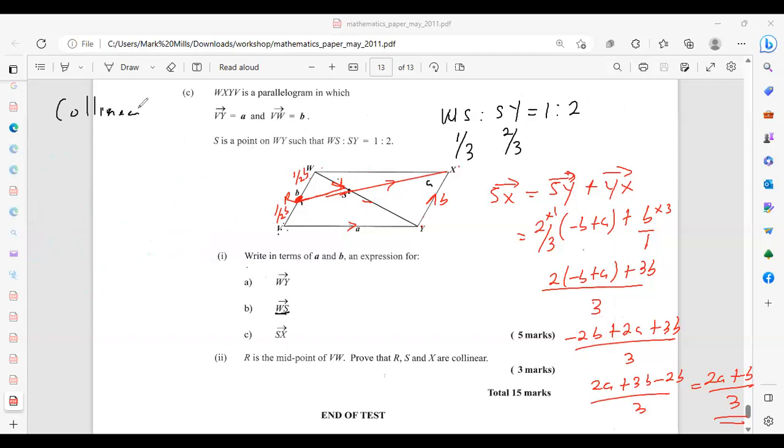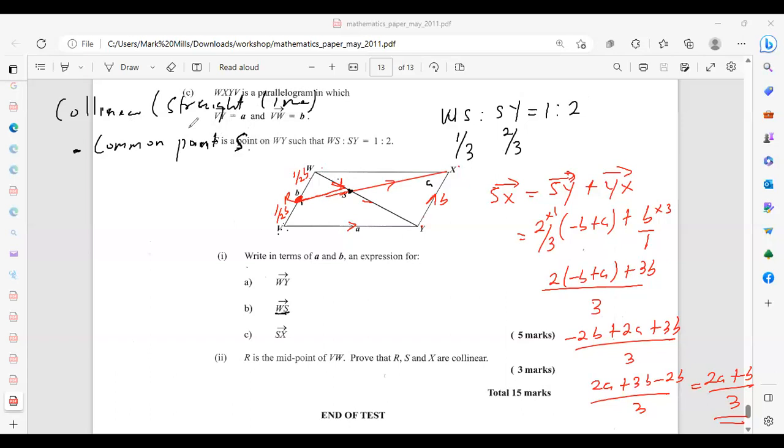So sometimes they'll ask you to prove that it's a straight line, the same thing. First of all, we have to establish that they have a common point. The common point here is S. Everybody understand that?